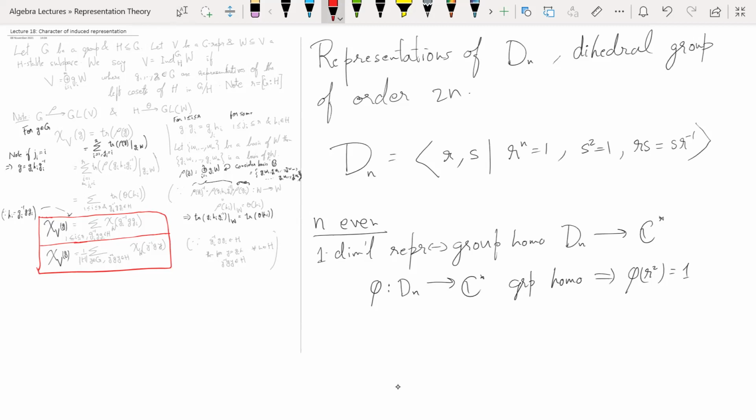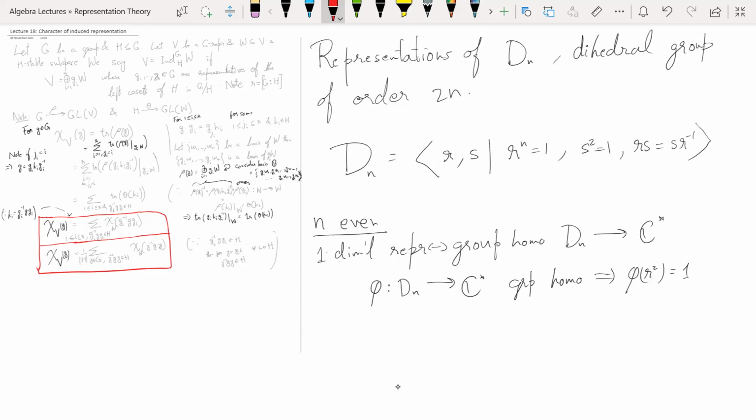There are two ways to think about symmetries of an n-gon. One is that you rotate it by an angle 2 pi i over n or multiples of that, and the other is to take a reflection about a diagonal. That's a geometric way of thinking about D_n.